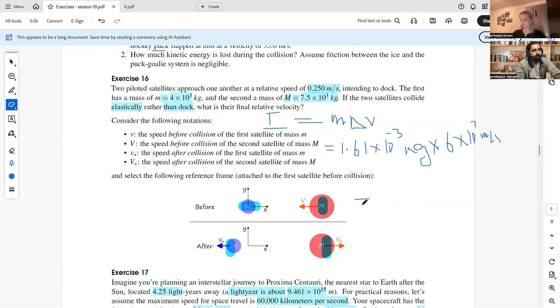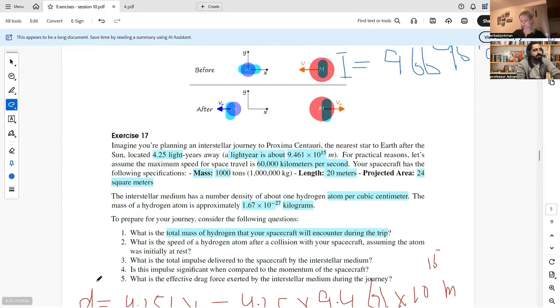Okay, then its impulse will become 966,965 kilogram meter per second. That is the impulse.